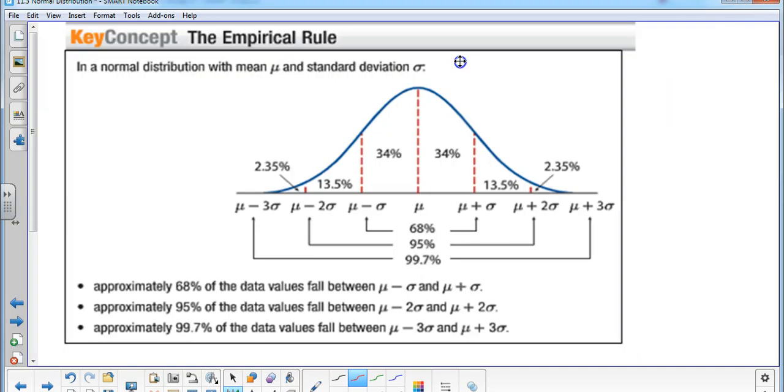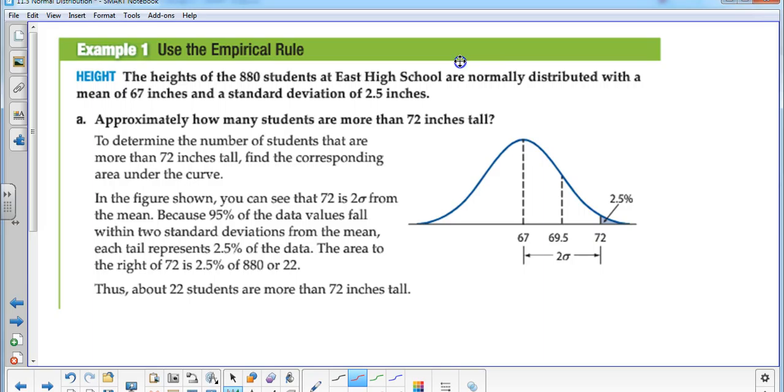All right. We're going to talk about this in terms of a couple specific examples. It says the height of 880 students are normally distributed with a mean of 67 and a standard deviation of 2.5. So the 67 goes in the middle, then we start adding and subtracting 2.5.